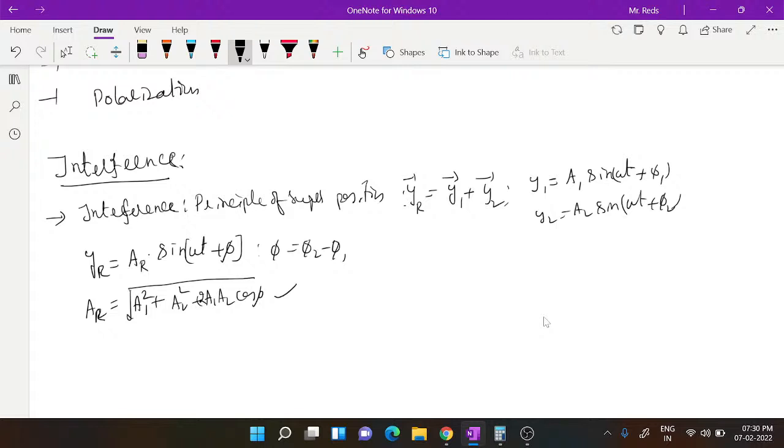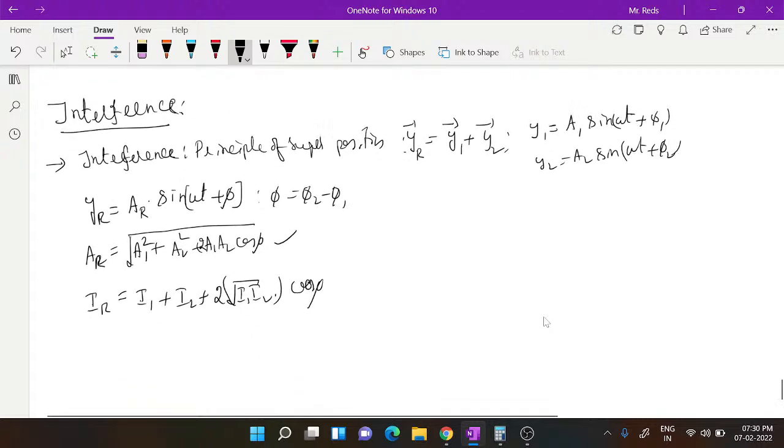Write the formula corresponding to this for the intensity of the resultant wave. Better to square both sides and write this as AR square. AR square gives you IR, because intensity is directly proportional to AR square. Then IR is equal to I1 plus I2 plus 2 into square root of I1 I2 into cos phi; the root is only for I1 I2.